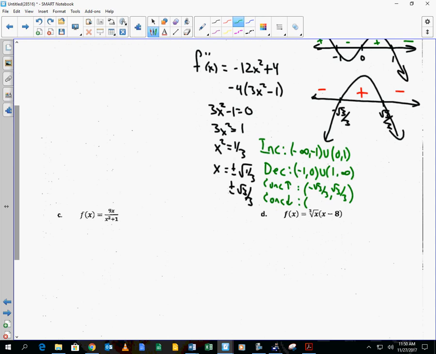Concave down, negative infinity to negative root of 3 over 3, union with root of 3 over 3 to infinity. Okay, so we got max, we got min, we got inflection.